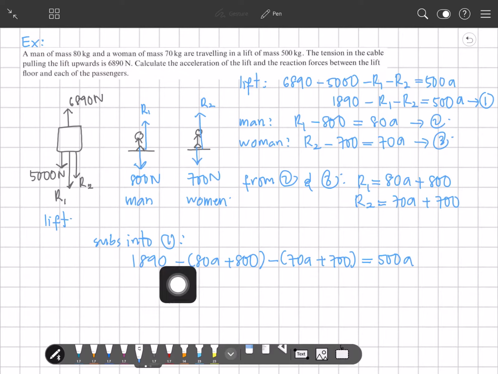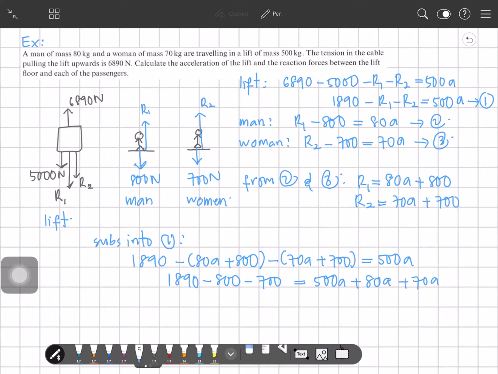Now we have an equation with only a unknown. Simplifying, we have 1890 minus 800 minus 700 equal to 500a plus 80a plus 70a. Solving for a, we get a equal to 0.6 meter per second squared.